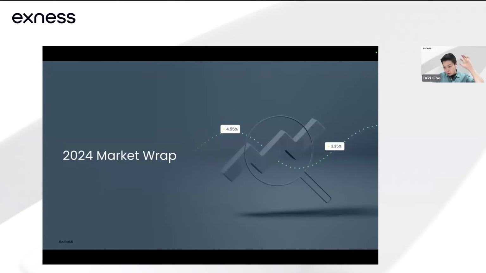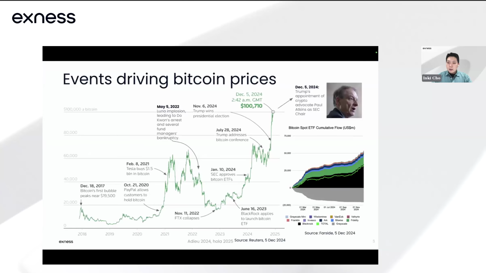And let's take a closer look at which assets showed significant volatility over the past year and what kind of events affect the asset prices.